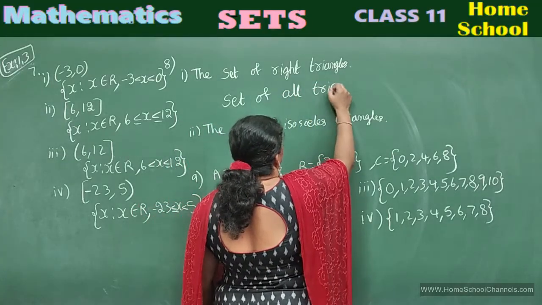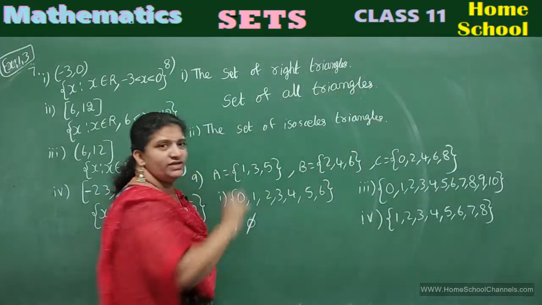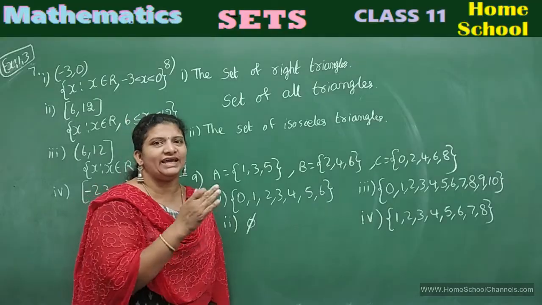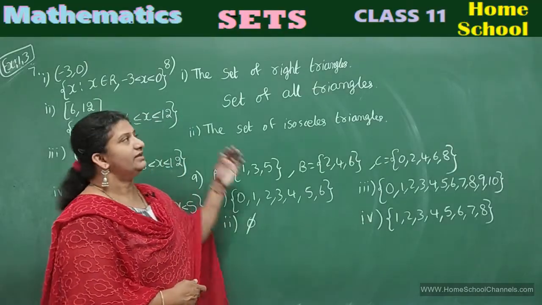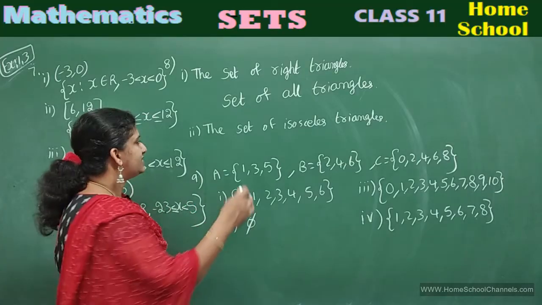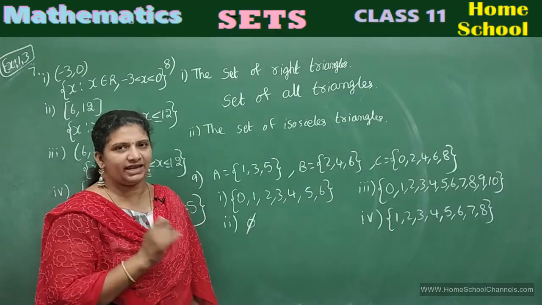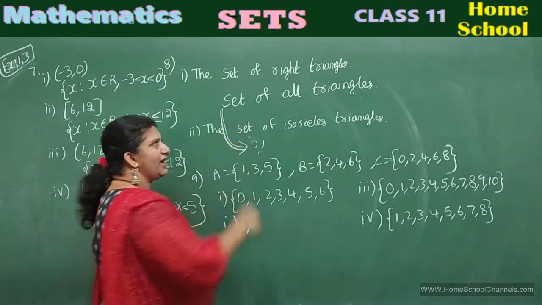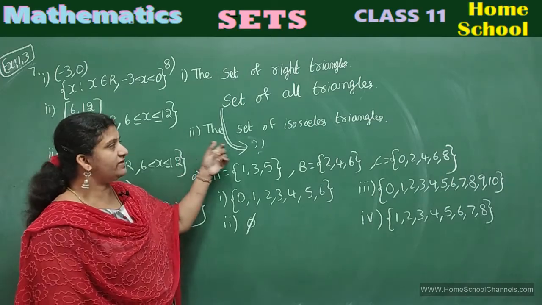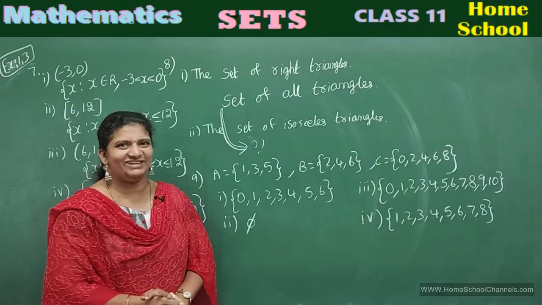In all triangles, right angle is one part of this triangle. If I take set of all triangles as a universal set, then this will be a subset. Same manner, if I take set of isosceles triangles, what is a universal set for this? What universal set do you propose? Same, set of all triangles.